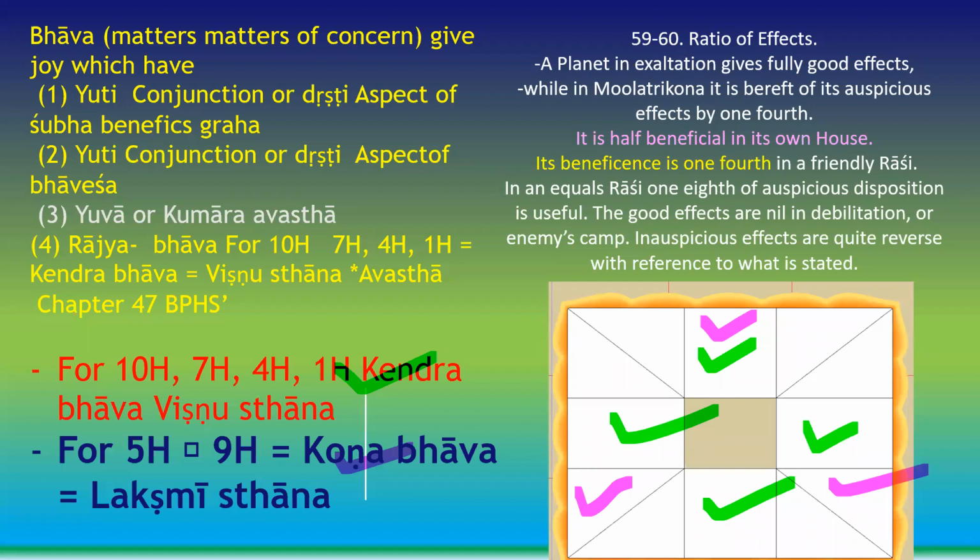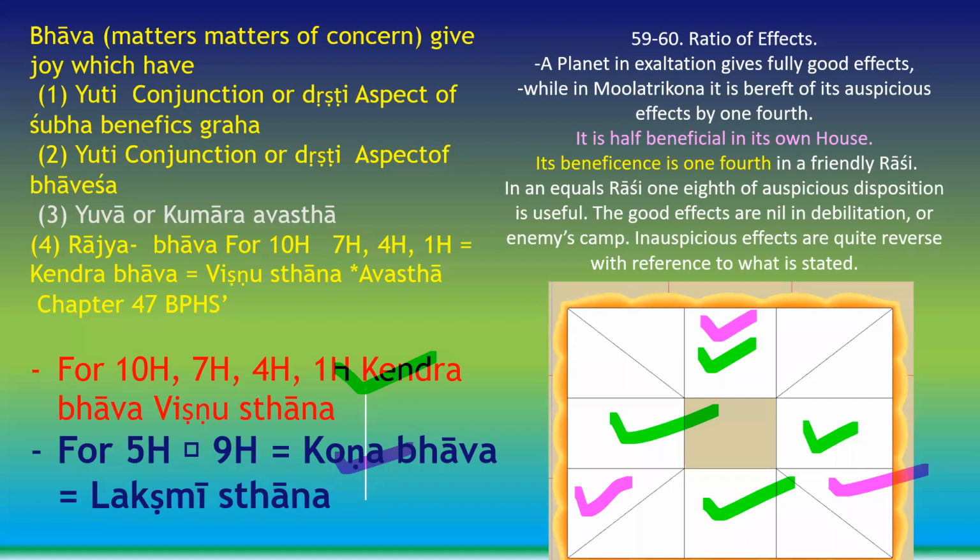So then we look also for an aspect. Let's say you have the moon in Cancer, and so the moon in Cancer is aspecting Taurus, the second house. Does everybody understand this?